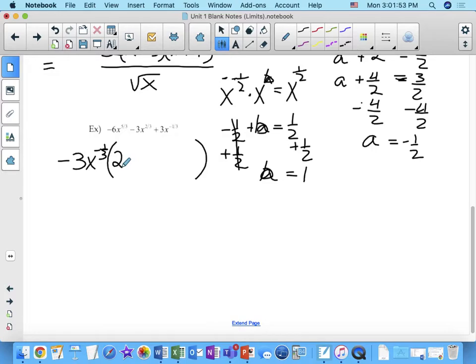Now, in terms of the exponent, we're probably pretty sure that it's going to be an x squared. But what you want to check is this. Remember, the exponent here plus the exponent here has to equal 5/3. So does 2 plus negative 1/3 equal 5/3?